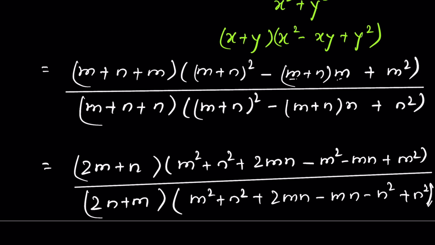Now cancel the plus m square and minus m square. Here minus n square and plus n square get cancelled.